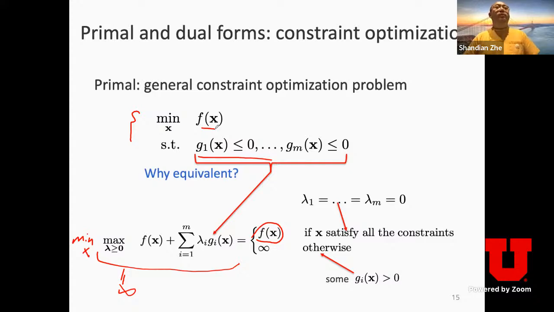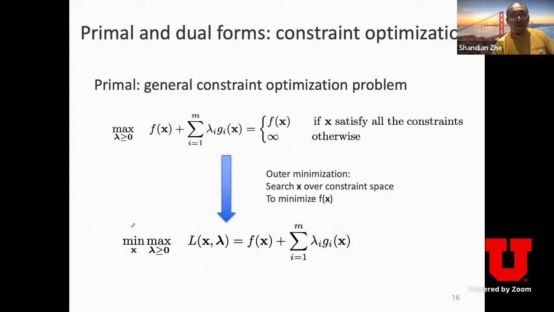It is equivalent. But the benefit is that if we formulate in this way, you are not explicitly constraining x, and you only put a non-negative constraint over lambda. So that's the benefit. Okay, any questions so far?